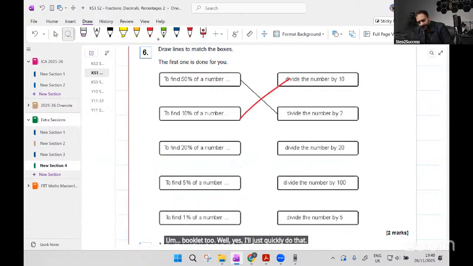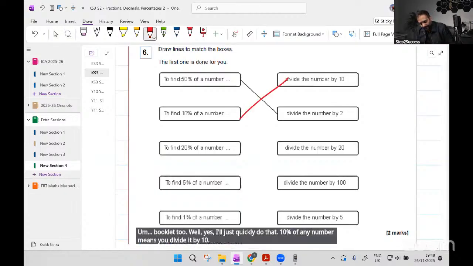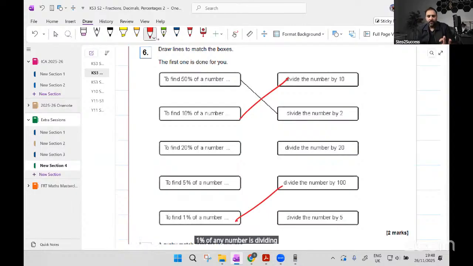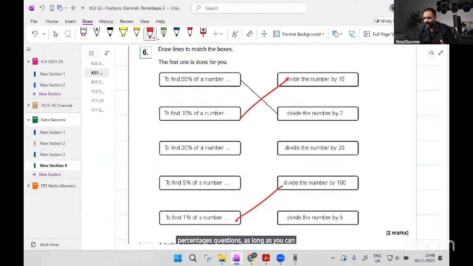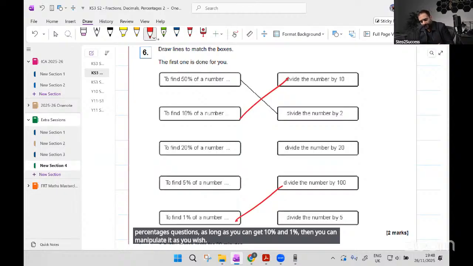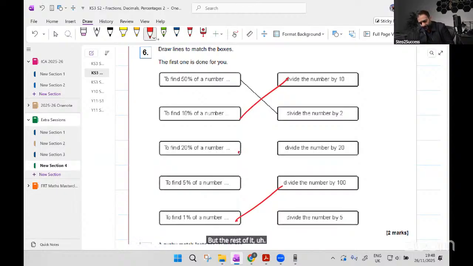10% of any number means you divide it by 10. 1% of any number is dividing by 100. They're the two ones you definitely need to know, okay? Because it allows you to do most percentages questions. As long as you can get 10% and 1%, then you can manipulate it as you wish. But the rest of it, 20% of a number is dividing by 5. 5% of a number is dividing by 20.